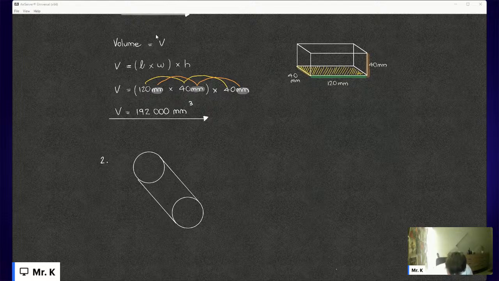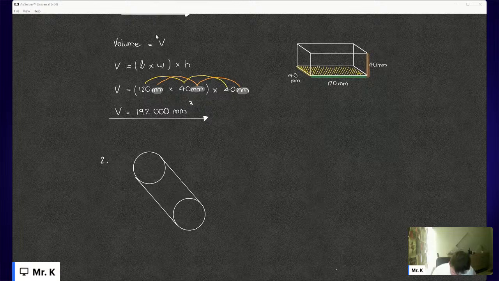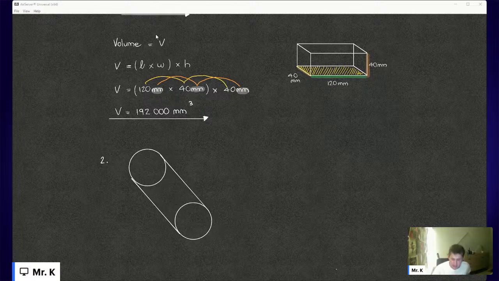I'm just drawing them for reference for you guys, so there might be 1 or 2 small errors, but we're going to work with the shape as is, because all we need is the basic idea. Remember, we're going to calculate both the surface area and the volume of this shape.